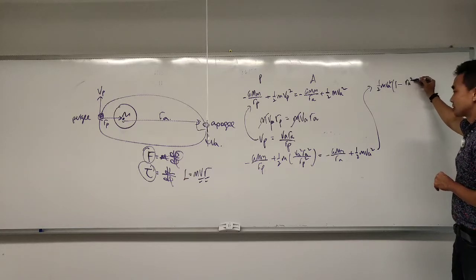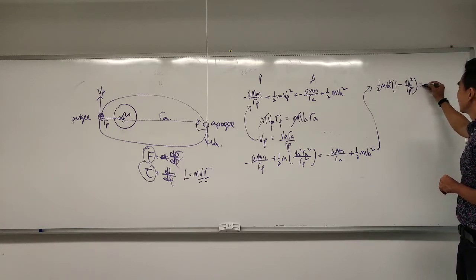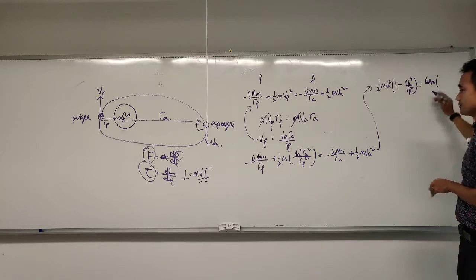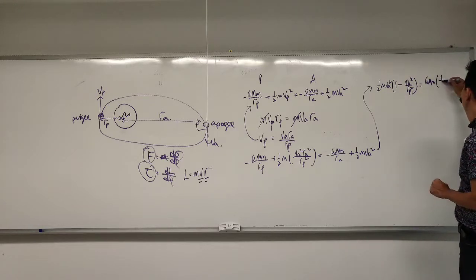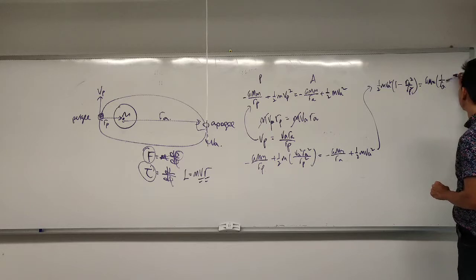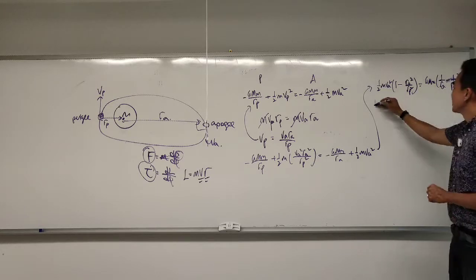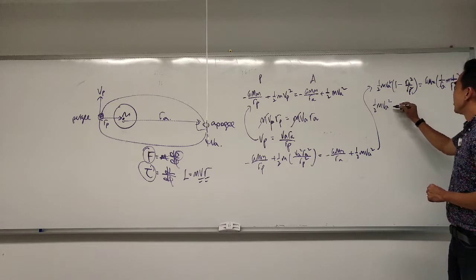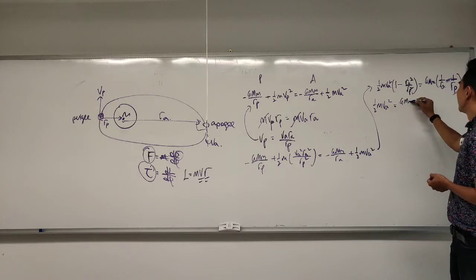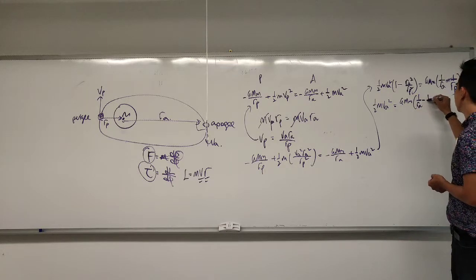This will be RA squared divided by RP squared equals GMm. I bring it over the other side, and I can find the KE or whatever I want to find in terms of purely the distances.